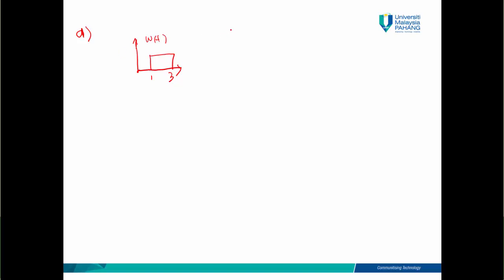Before that, still remember the equation. We integrate from negative infinity to infinity.